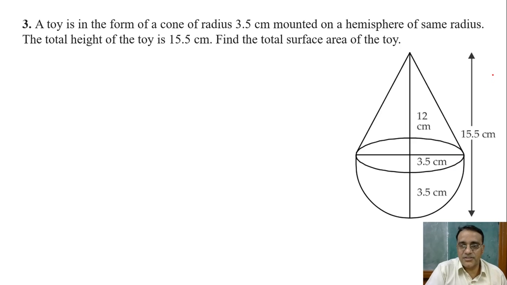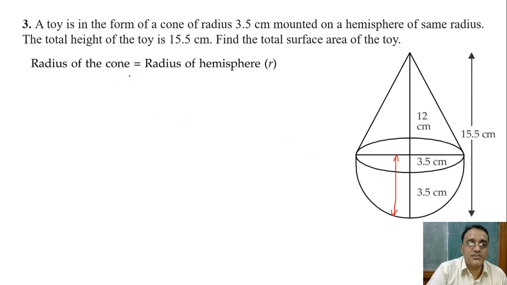Okay. Now see total height is 15.5. और यहाँ से यहाँ तक 3.5 है. So height of cone कितना होगा? 15.5 minus 3.5. Okay, that is 12 centimeter. So first radius of cone is equals to radius of hemisphere, and this is equals to 3.5 centimeter.